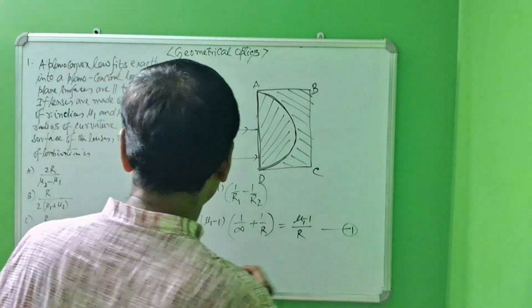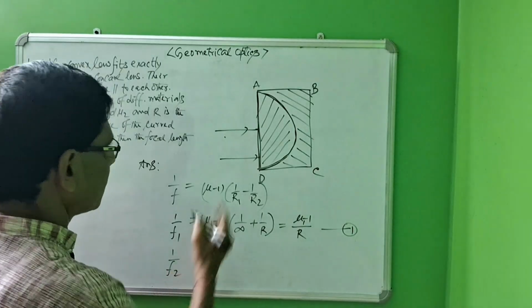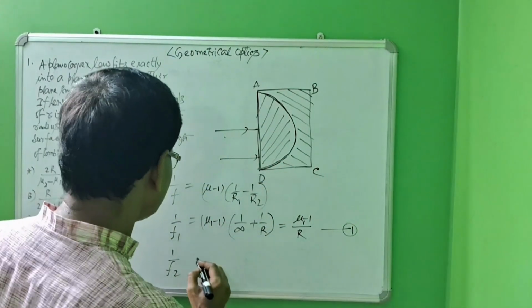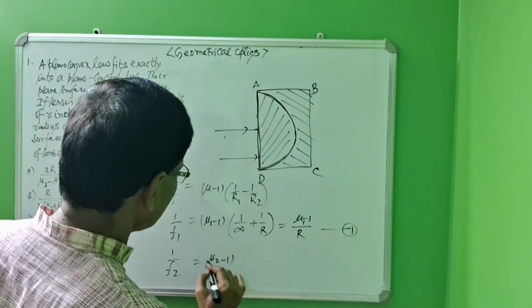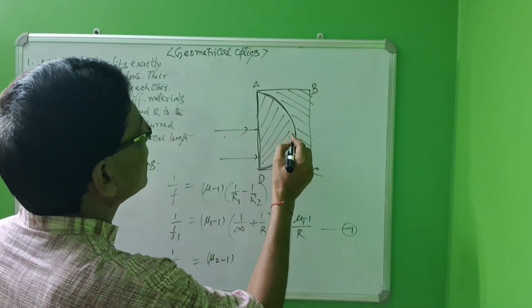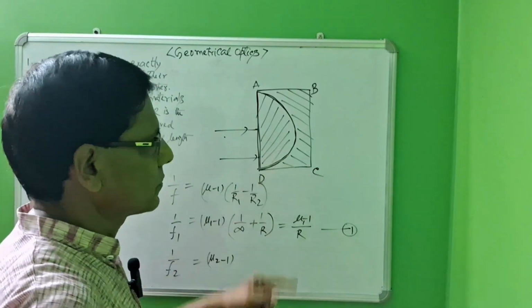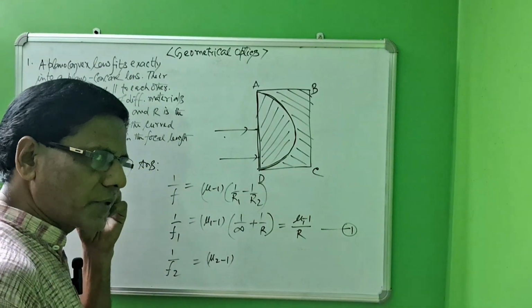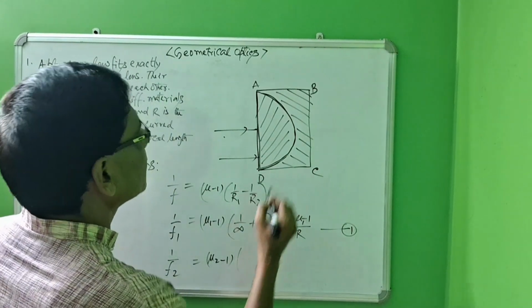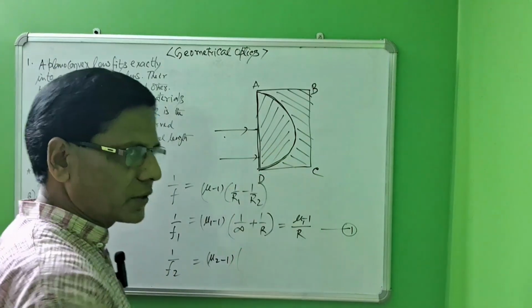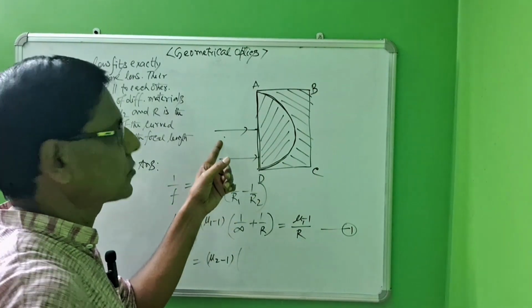Again, for the plano-concave lens we get mu2 minus 1. Again, this ray is going into this curved surface. We get here again the direction of light is opposite to the direction of the center of curvature.